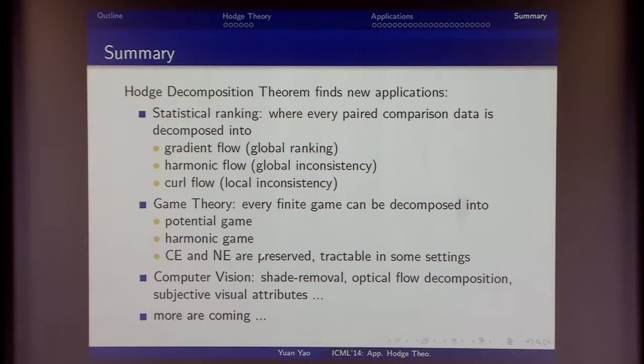Because you use a triangle clique, as originally suggested by Pablo Parrillo. But if you look at quadrangle cells, map them into the simplicial complex, and you get a quadrangle curl flow. This may help you find the equilibrium, and in some settings get tractability. As for other applications, in computer vision, we hope to find more in the future.